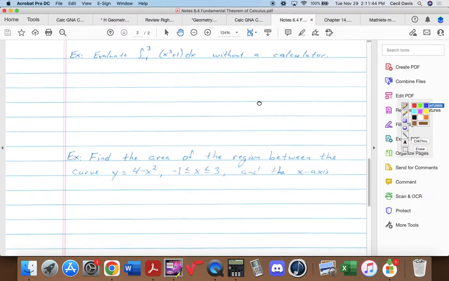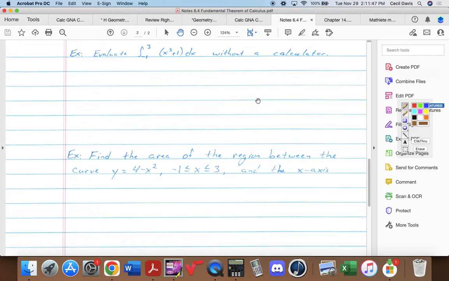So then we can do things like this. Evaluate the integral from -1 to 3 of x cubed plus 1 dx without a calculator. We kind of did this on last night's assignment. I just need to find an antiderivative. What is an antiderivative of x cubed? 1/4 x to the 4th.